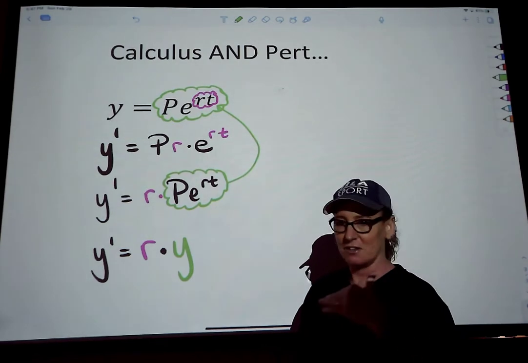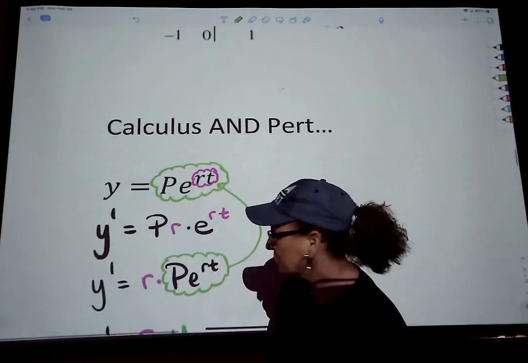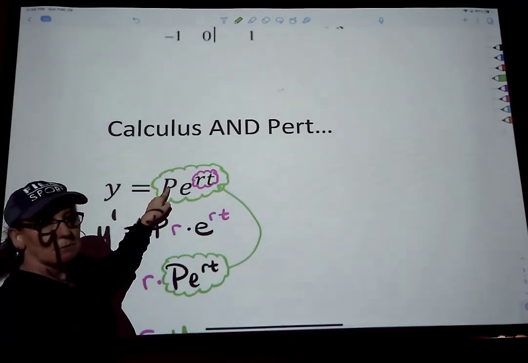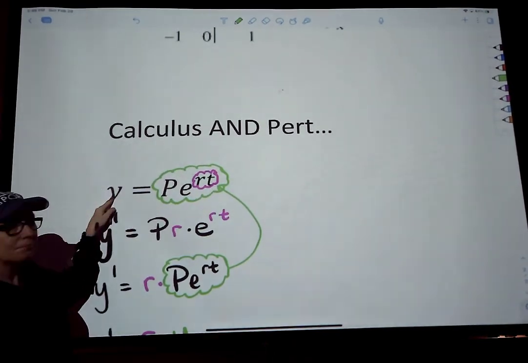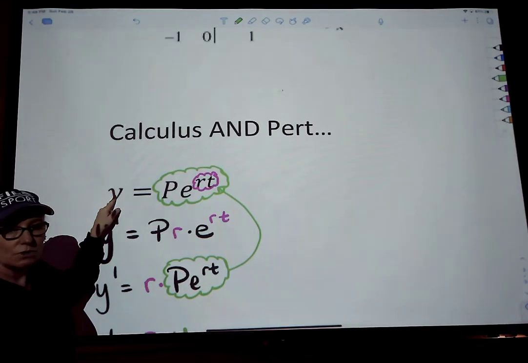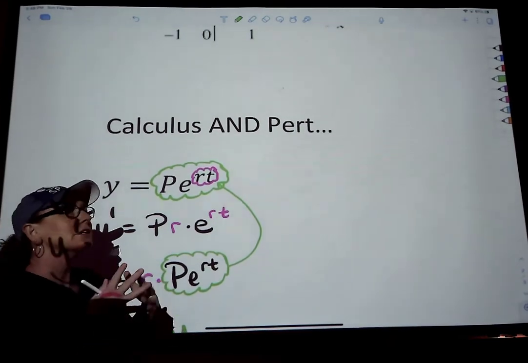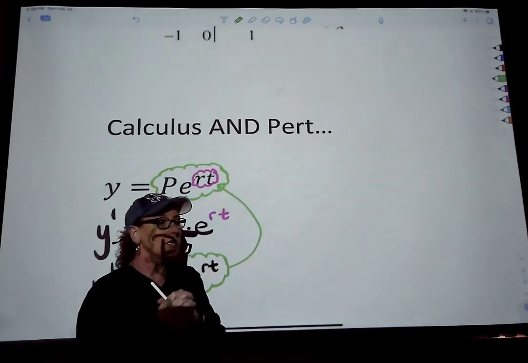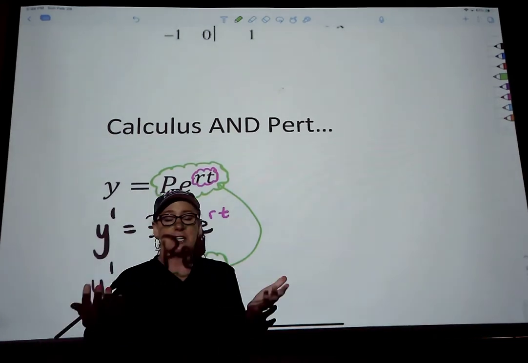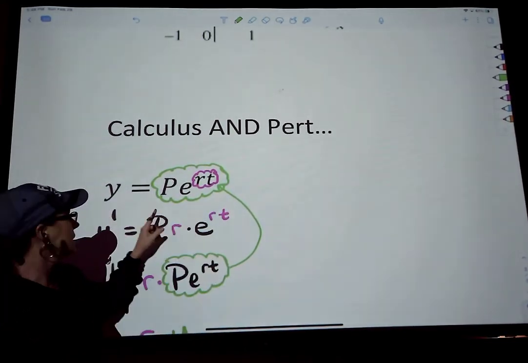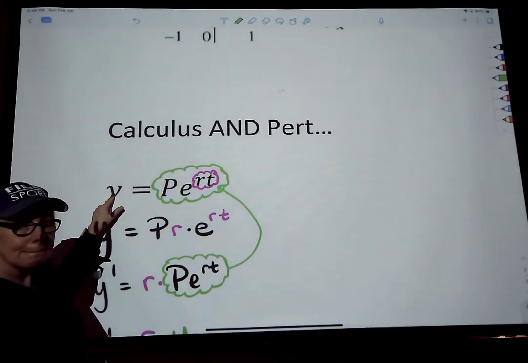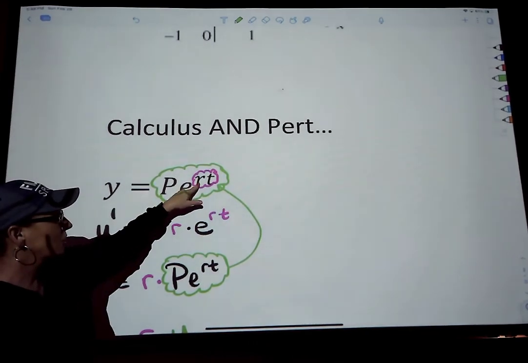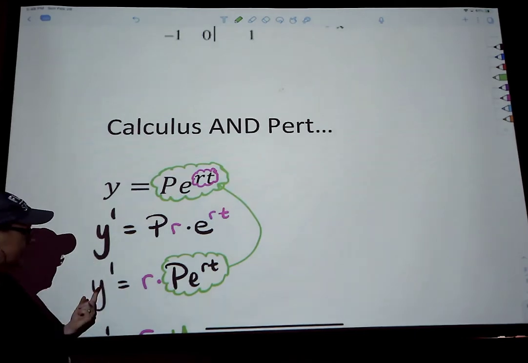Now, do you know what all these letters stand for? I think you do. One more time. Original amount, rate, time, ending amount of whatever we're measuring. Let me go back to population. Let's say we're measuring population in a city. Beginning population, ending population, rate of growth, time. Well, what's this?